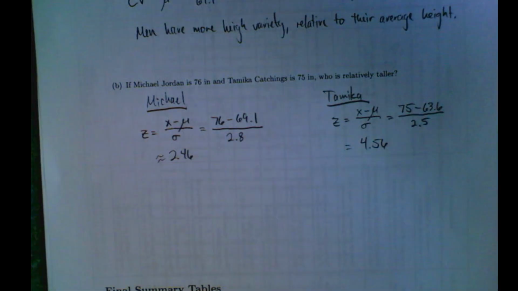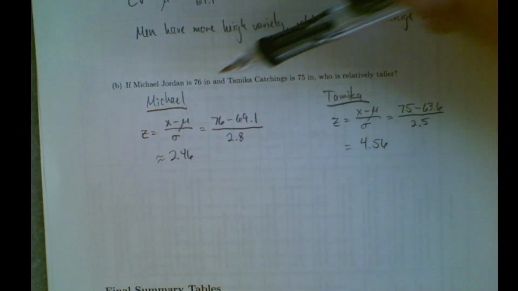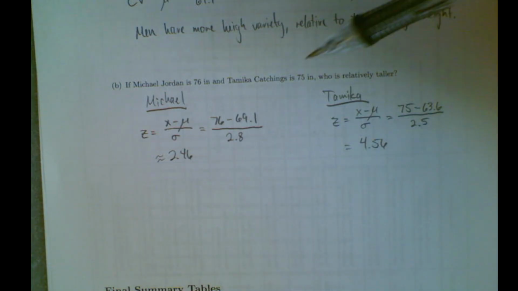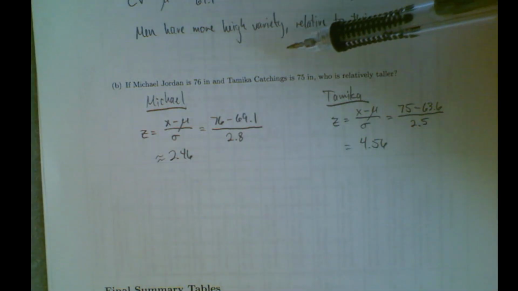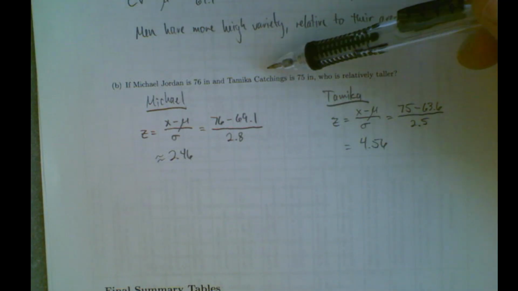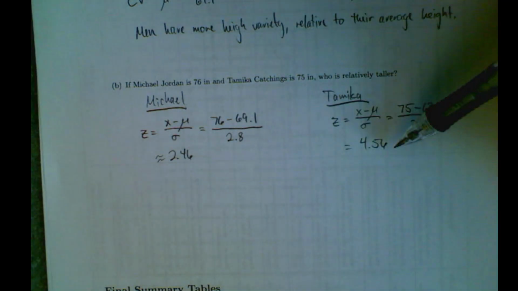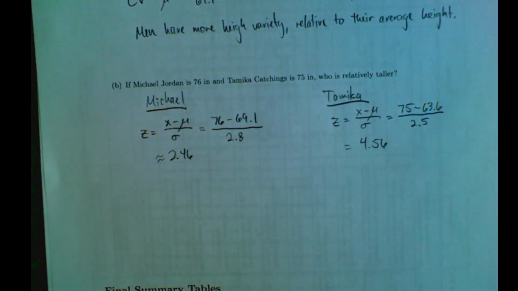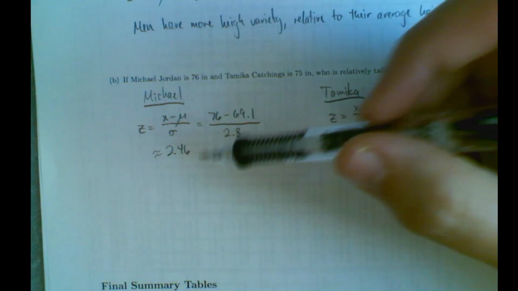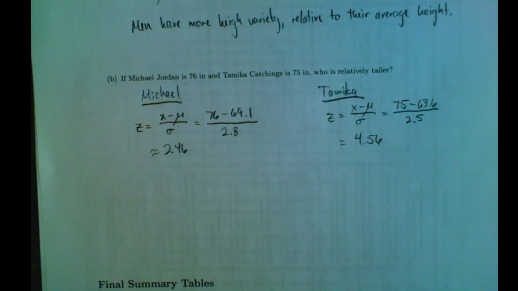So, even though Michael Jordan is taller in absolute terms, in relative terms, Tamika Catchings, I keep saying Hatchings, I don't know why, but in relative terms, Tamika Catchings is much taller than Michael Jordan. Her height among women is much more than Michael Jordan's height among men. Michael Jordan is unusual. He's 2.46 standard deviations above the mean.